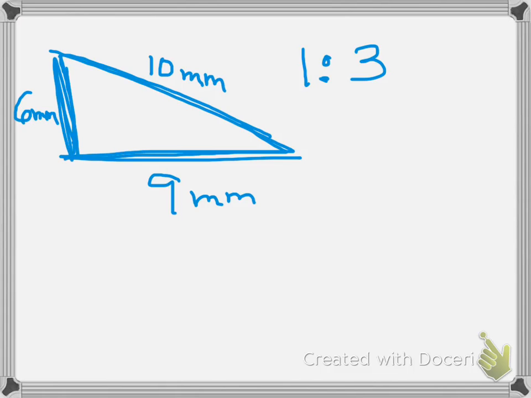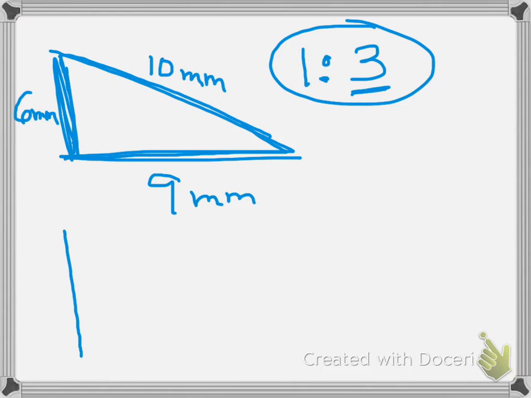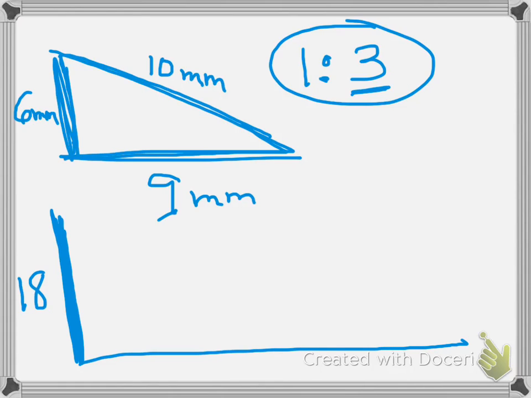Alright, well then, to draw a triangle that has this scale ratio, you're going to have to multiply every number by 3. Alright, so you will have to draw a triangle that has, this side will have to be 18 millimeters. This side will have to be 9 times 3, 27 millimeters.